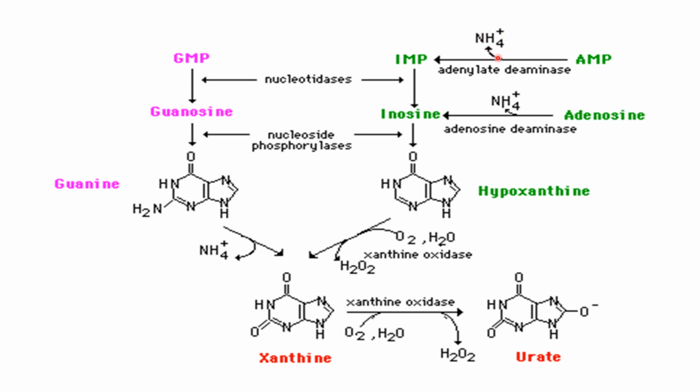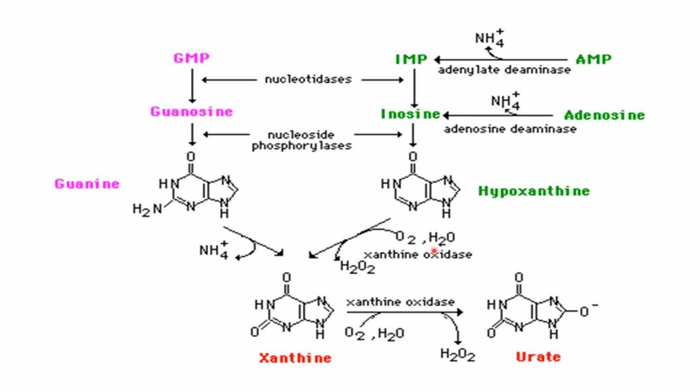This amino group, which was donated by the aspartate, is released by the enzyme adenylate deaminase. This IMP is then converted by nucleotidases into inosine and by nucleoside phosphorylases into hypoxanthine. Nucleotidases, nucleoside phosphorylases and adenylate deaminase convert AMP to hypoxanthine.